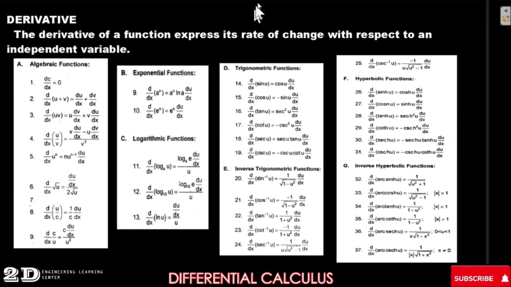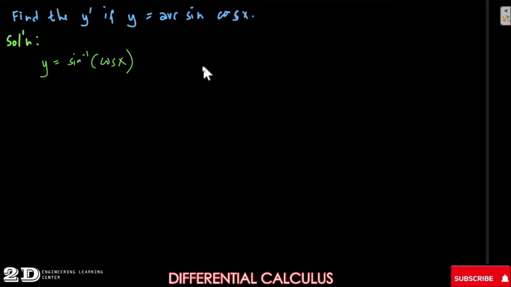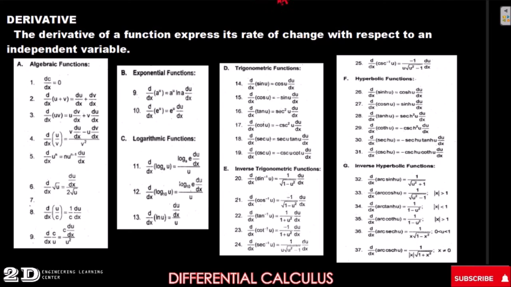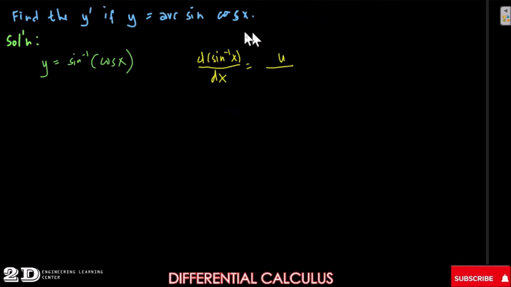The derivative of arc sine, or inverse sine u, in terms of x is equal to 1 over the square root of 1 minus u squared, then du, or the derivative of u itself. Okay, so we will use this formula.